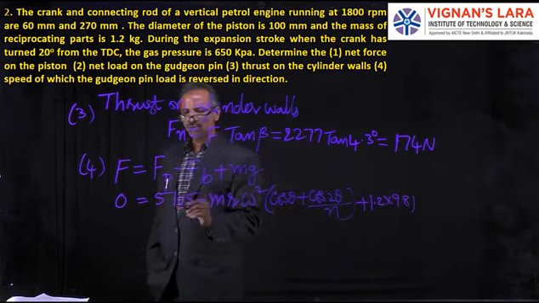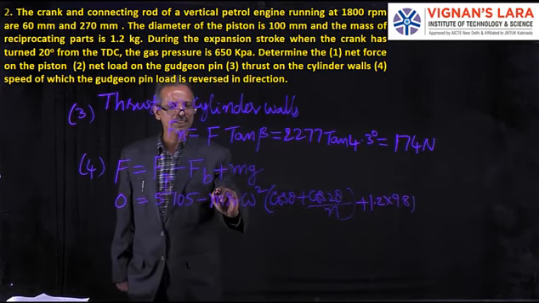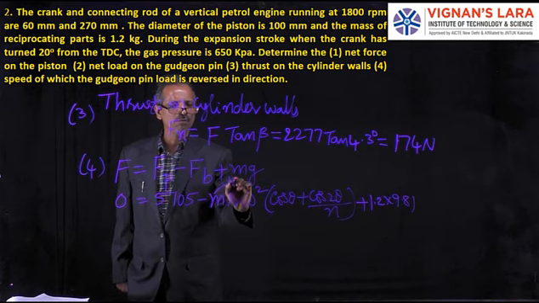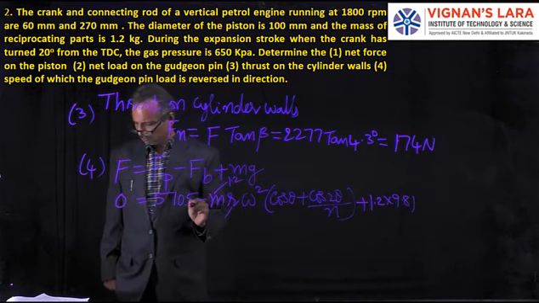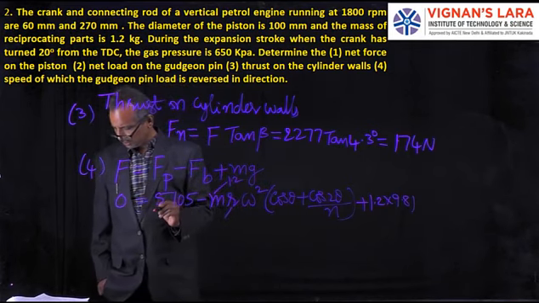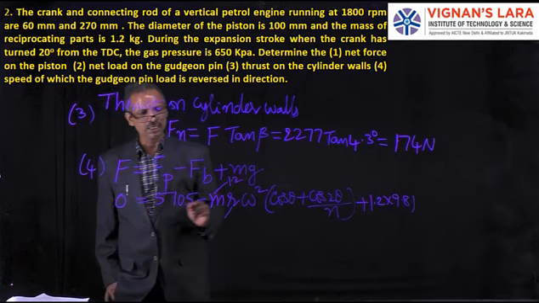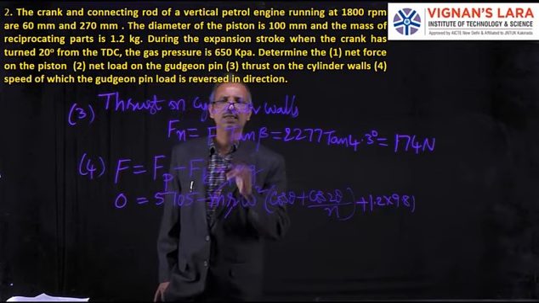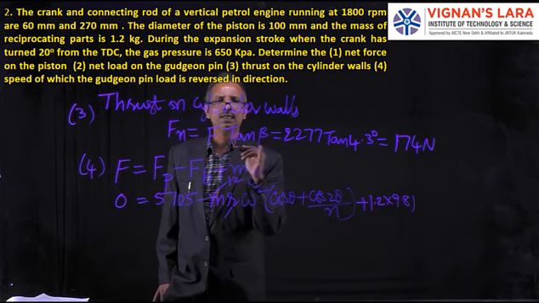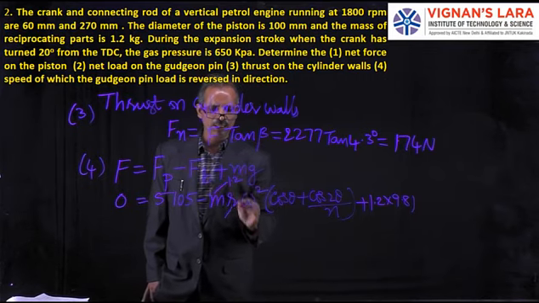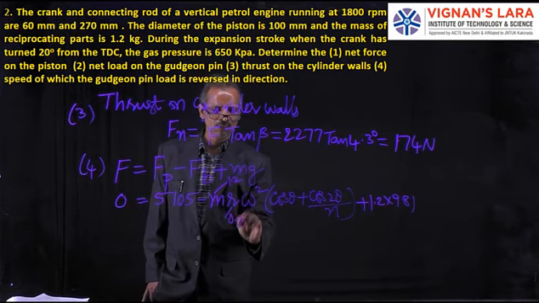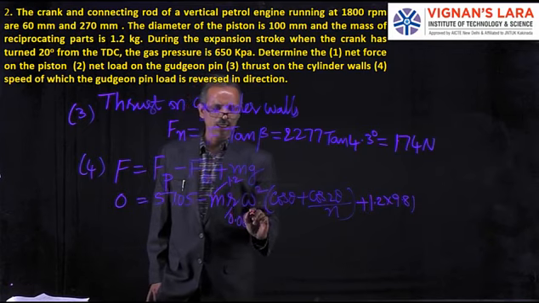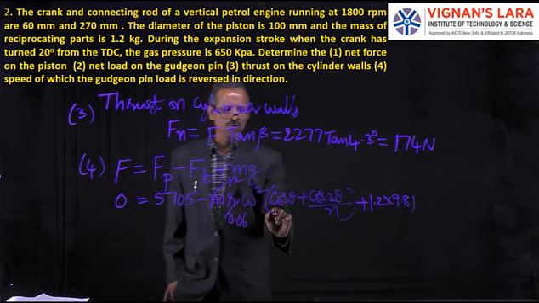So my objective is to find omega, and the rest of the things I know. M is 1.2. R is the radius of the crank, which is 60 mm, that is 0.06.